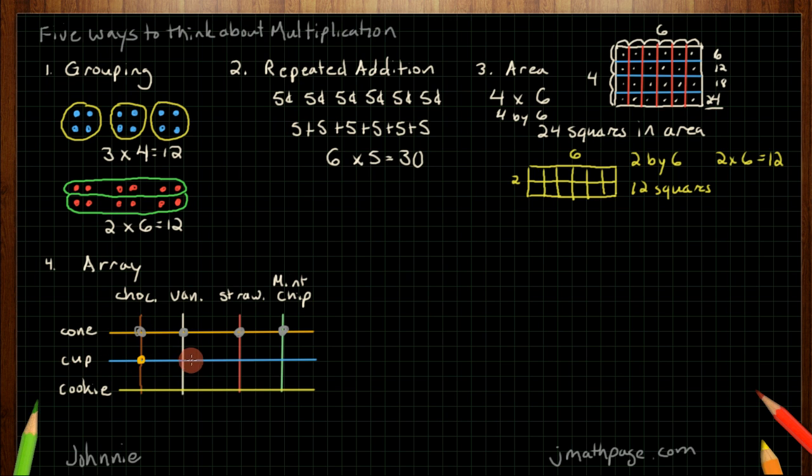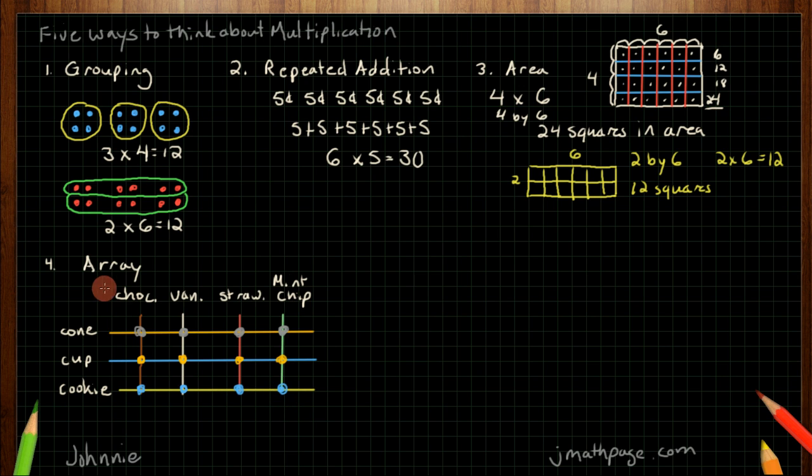Chocolate in a cup is one choice, vanilla in a cup is a second, strawberry in a cup is a third, and mint chip in a cup is a fourth. Are you seeing a pattern now? Let's look at the last one. You could have a cookie that has chocolate on it, a cookie with vanilla on it, a cookie with strawberry on it, or a cookie with mint chip.